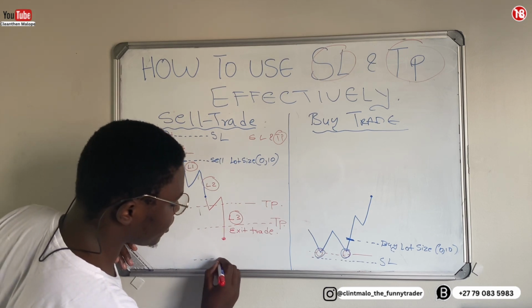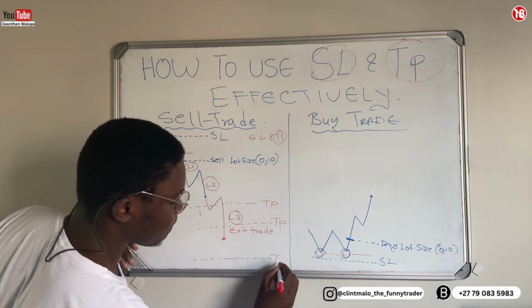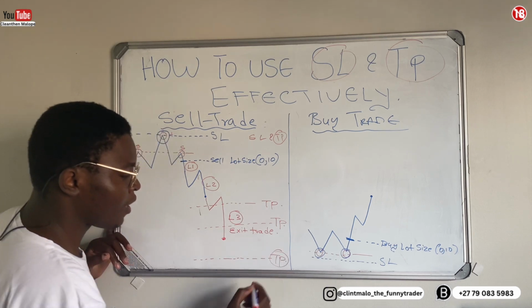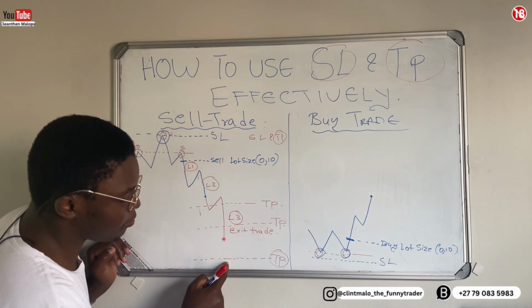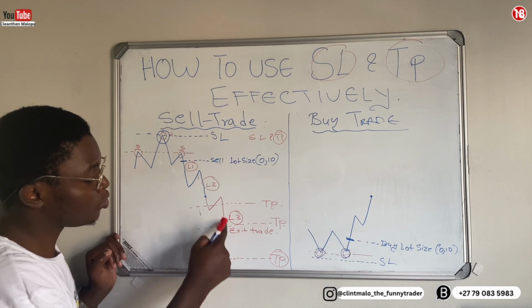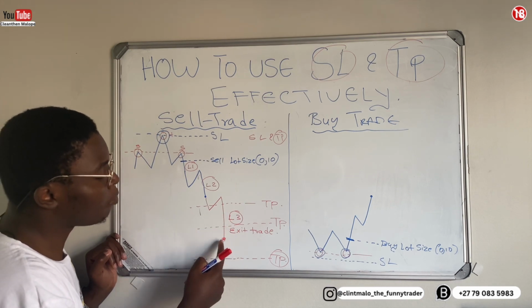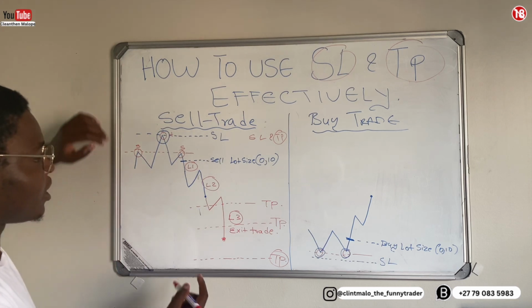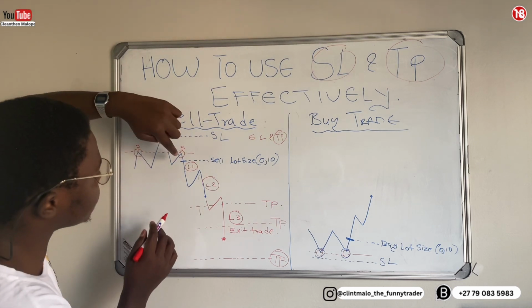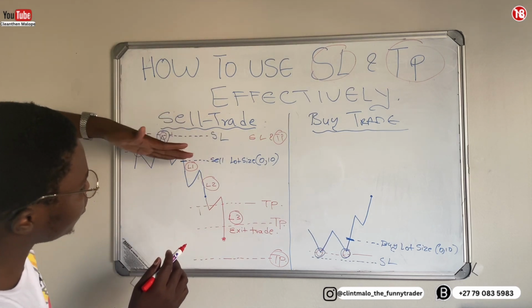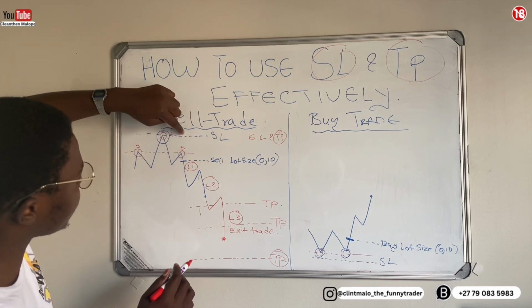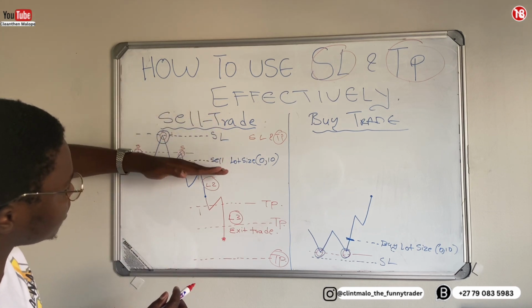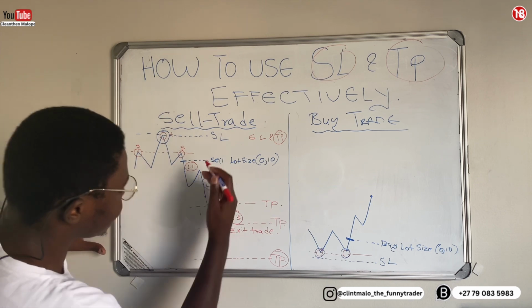So let's say you put it here, and the market never reaches this point. It means your trade will go back into loss, right? But to prevent that, because this is where you took a trade, this is where your sell is. You take the stop loss, you move it down as the market moves.